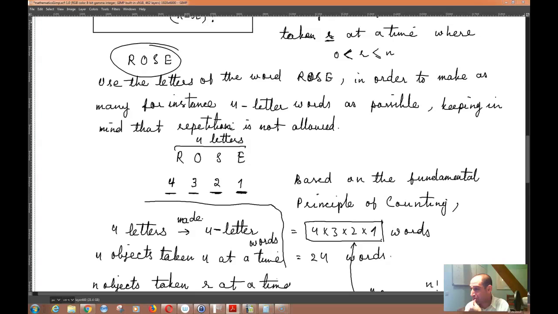Now there is a couple of things that we need to discuss here, and then we have another theorem which is a little bit different from this, but let's finish this one and then we will get to the next one.